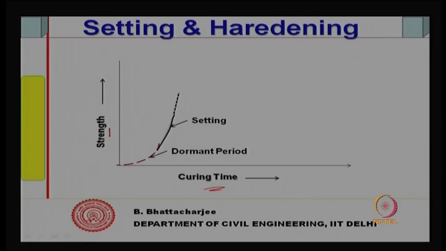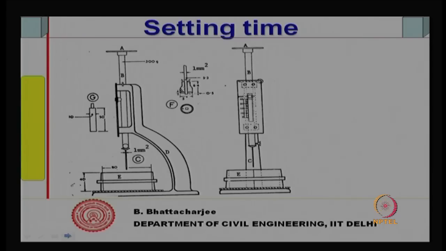It has solidified, quick strength gain has occurred, but during the hardening process the strength gain will follow in this manner. So, this is what we understand. Hardening essentially is related to strength gain, setting is related to solidification, but strength gain does occur during that period as well. Setting is measured again by this Vicat's apparatus, but now you have a different needle. You use this needle.